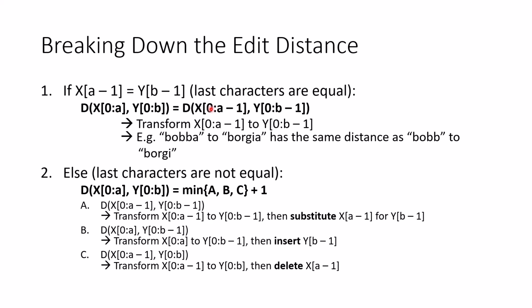Going from 0 to a minus 1 to 0 to b minus 1, that distance represents a smaller problem. And you can see all of these are basically smaller versions versus just this big problem here of going from all of x to all of y.